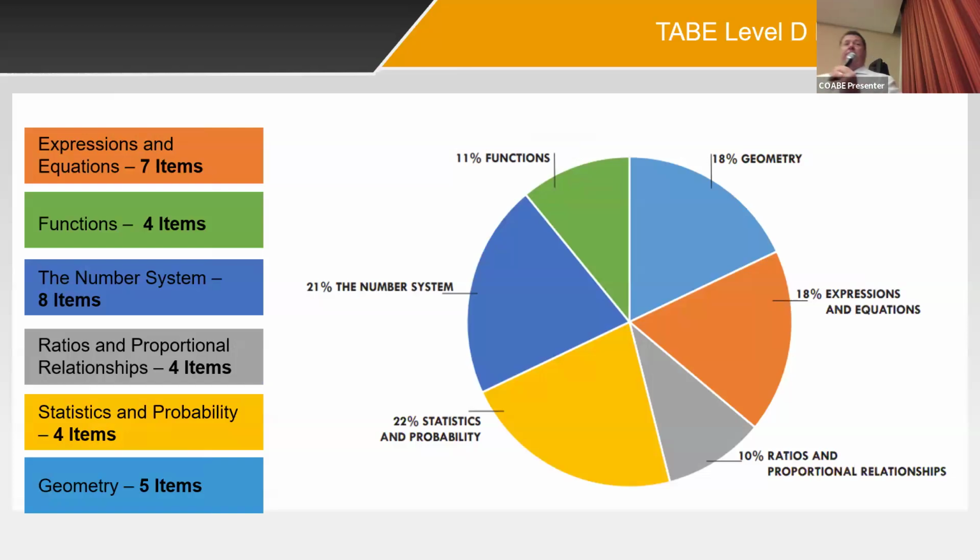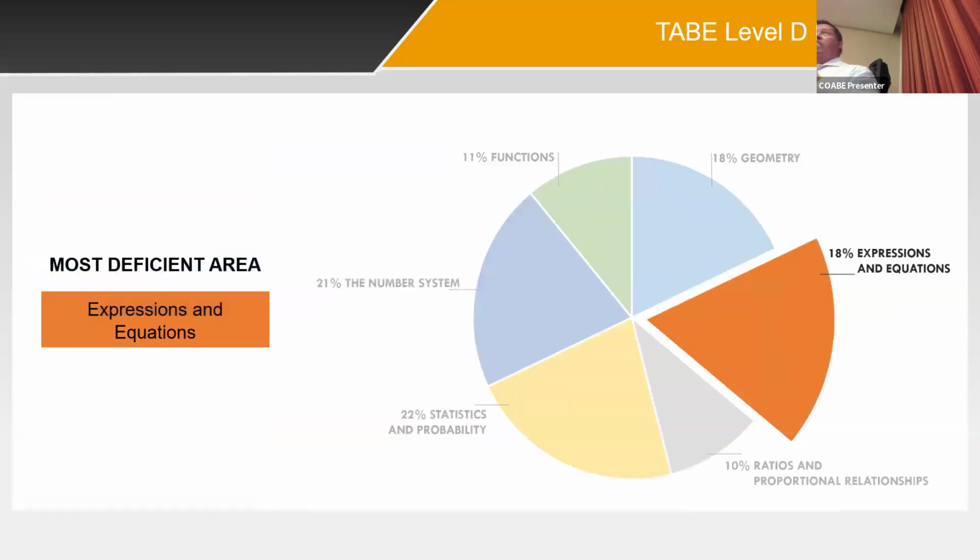Again, at level D for that content area, I think my batteries are dying on this. But level D, we see one thing that's going to carry over is the expressions and equations still continues to be that deficient area. So needing a little bit more reinforcement maybe in those areas as you're working up. So whether you're at high level M, beginning level D, you're in that high school equivalency prep area.